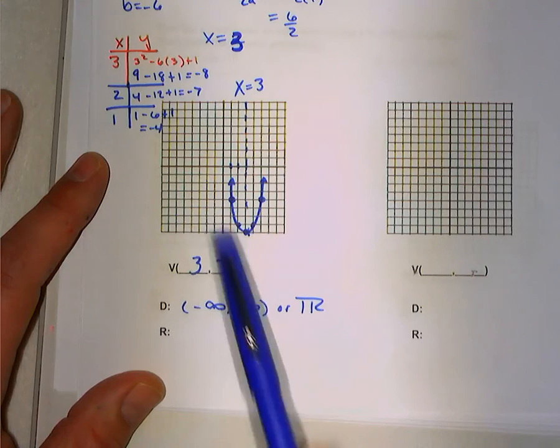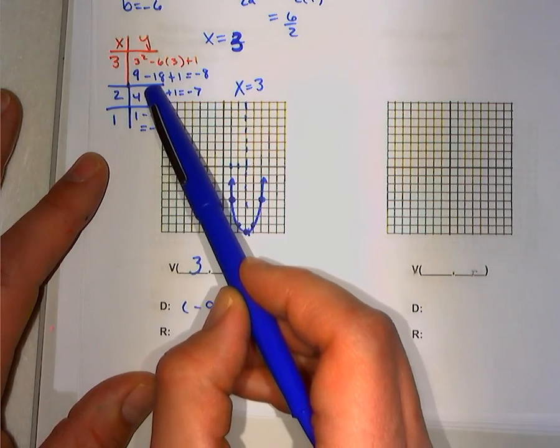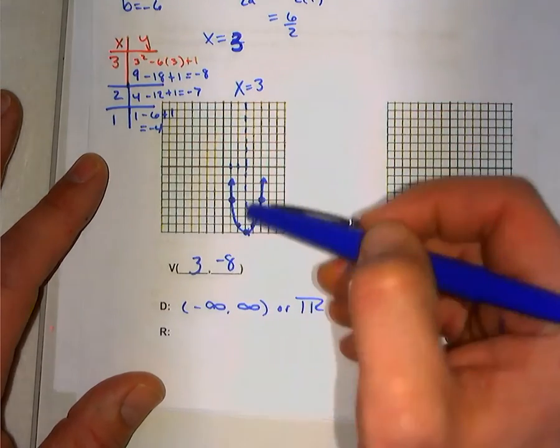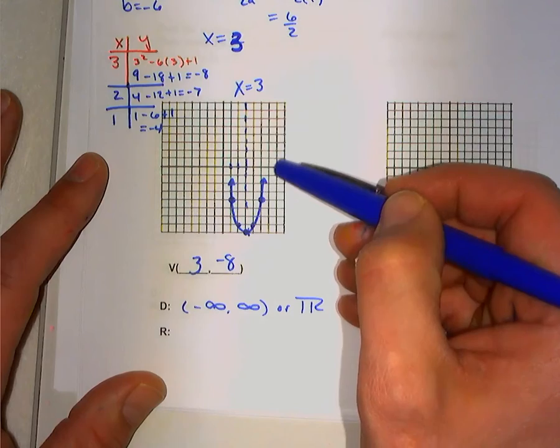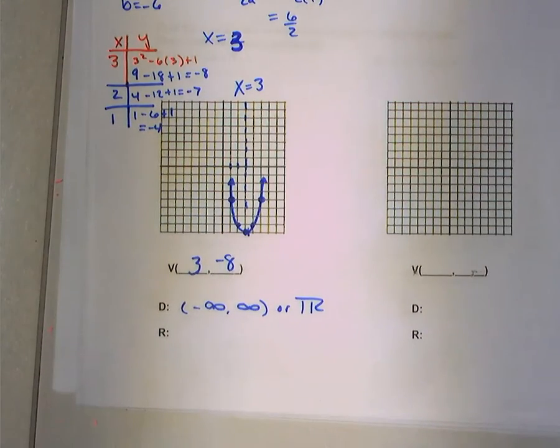So this one from the left, it goes to negative infinity. It just keeps going and going to the left, never stops. And from the right, it goes to positive infinity. So left to right, the x values being used is every x value you can think of.